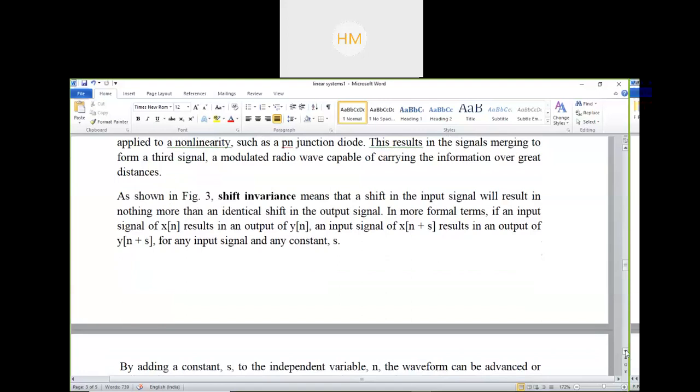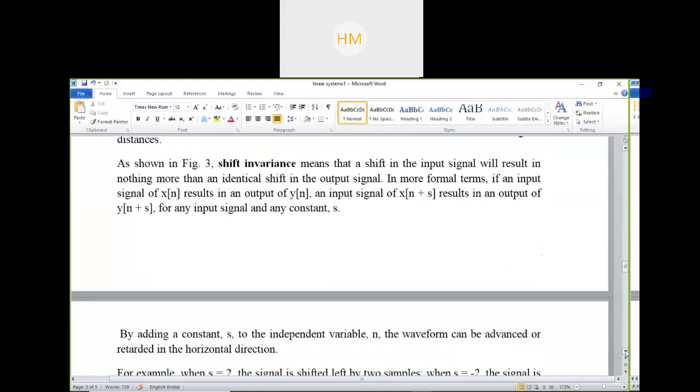Now shift invariance. What do you mean by shift invariance? It means that a shift in the input signal will result in nothing more than an identical shift in the output signal. We will see the example. In more formal terms, if an input signal x of n results in an output of y of n, then an input signal of x of n plus s, the shifted original signal, results in the correspondingly shifted output, for any input signal and any constant s.